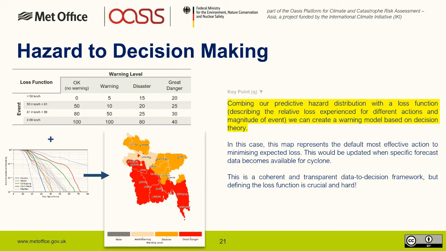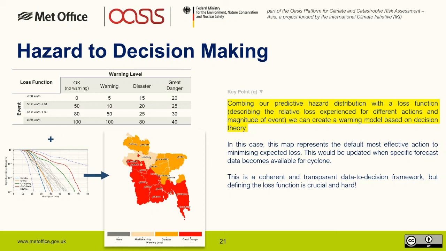Finally, I want to briefly discuss how this hazard information can be incorporated into a decision-making framework. By defining the relative cost or loss of different actions, perhaps actions associated with different warning levels, we can use decision theory to identify the optimal warning based on our GAM-GUSPY distribution.